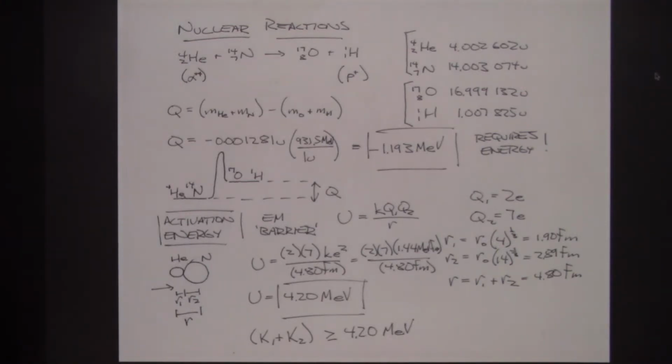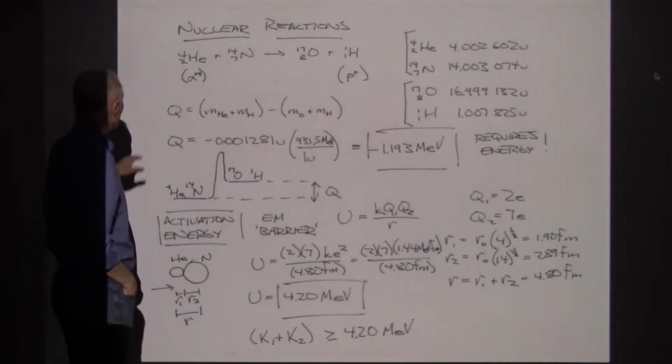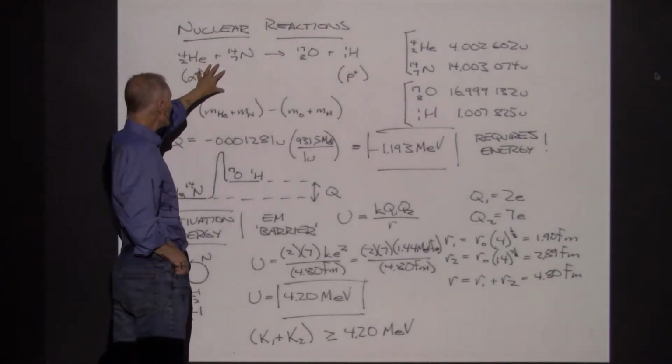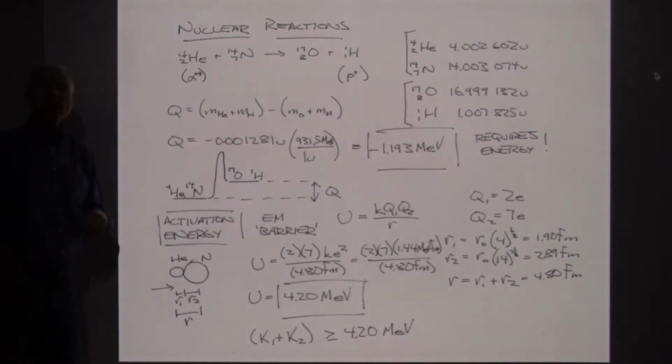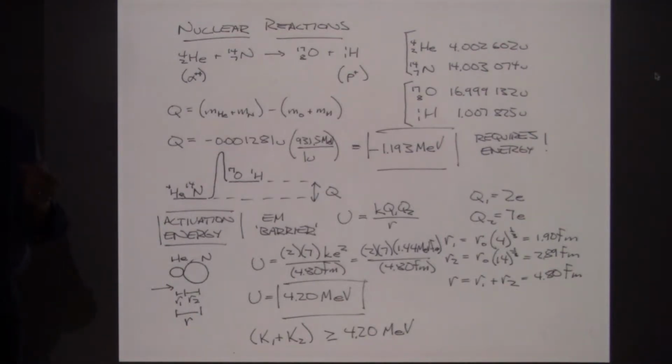How is that possible? Well, these particles coming in are going to have to carry with them enough kinetic energy such that the kinetic energy can be converted into that additional mass.